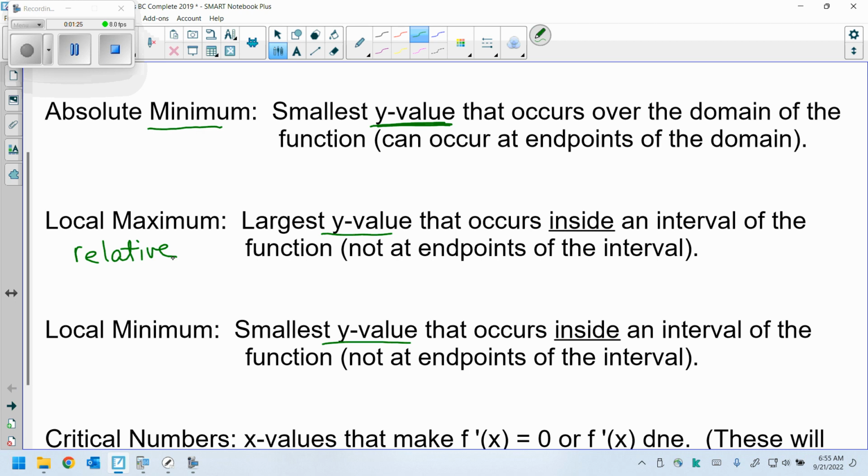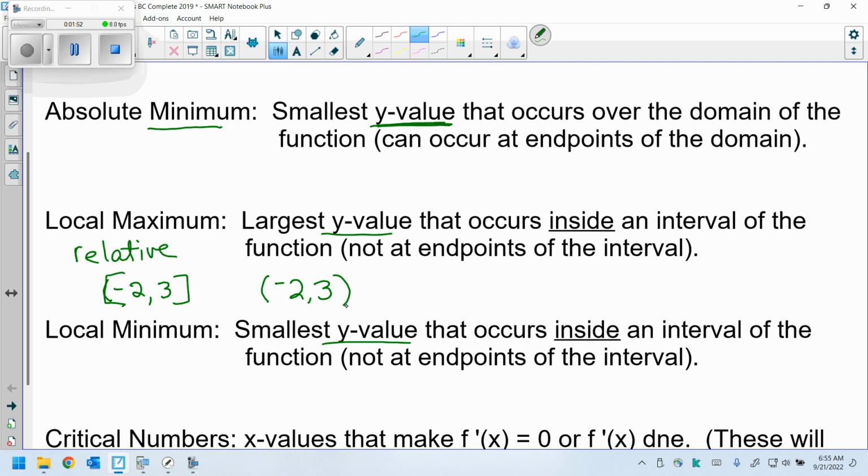So if we're given a particular domain from, let's say, -2 to 3, including -2 to 3, the local max or the local min is the biggest y value inside the interval, not occurring at the endpoints.